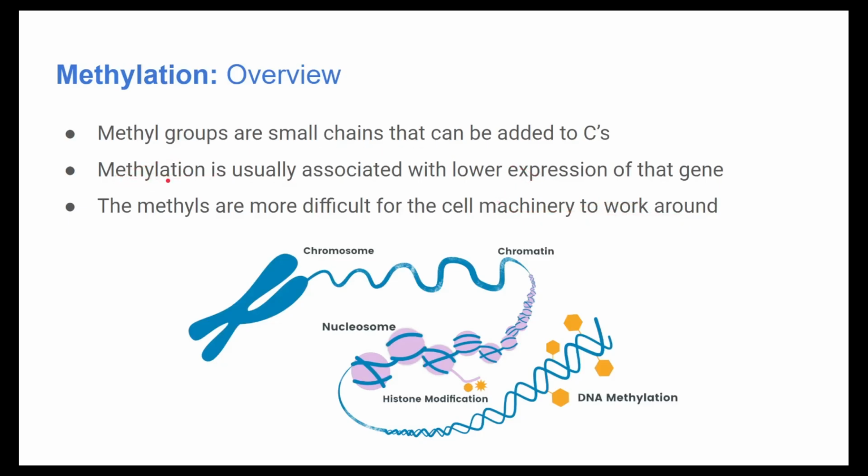You can think of the methyls as kind of little spiky things on the C's that interfere with the normal processes. So, if you methylate something, you're normally going to get lower expression of that gene. Methylation, lower expression, less proteins.